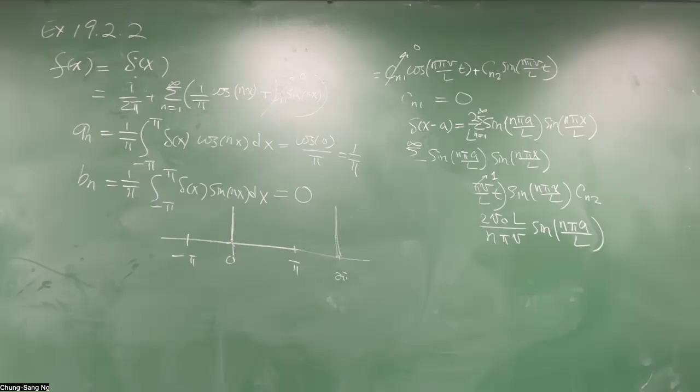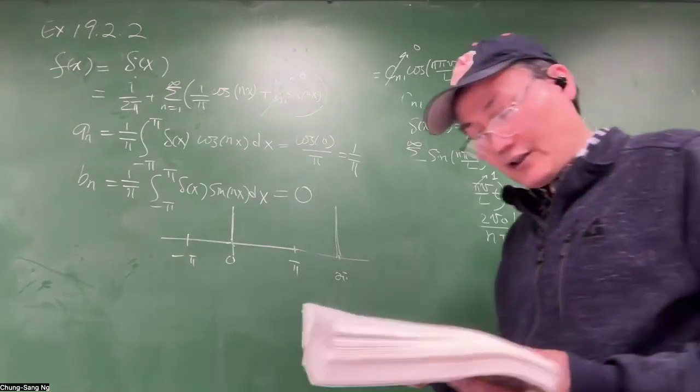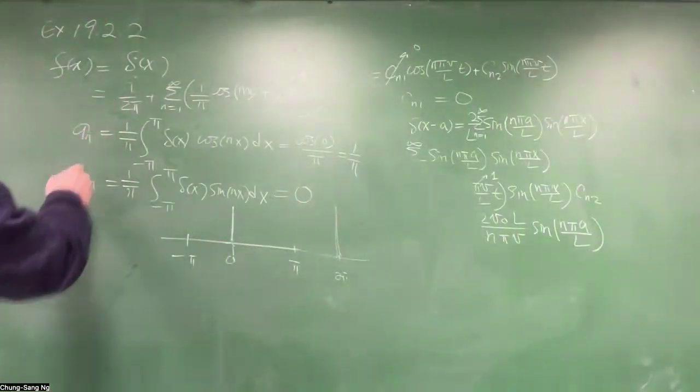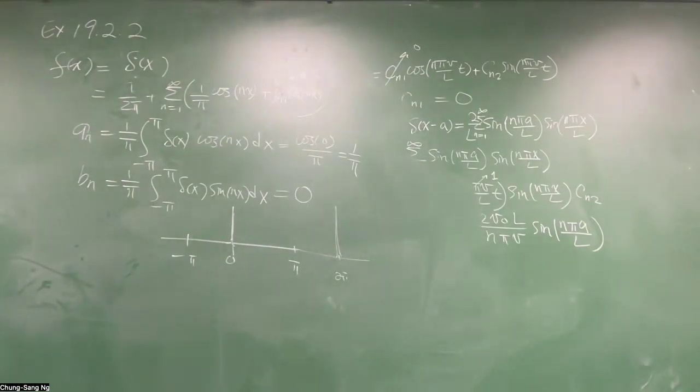And part B. Part A is what significance can you attach to the constant term. The constant term is 1 over 2 pi. You can say this is just the average of the function over the period.